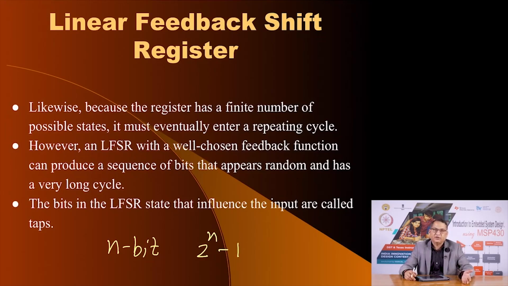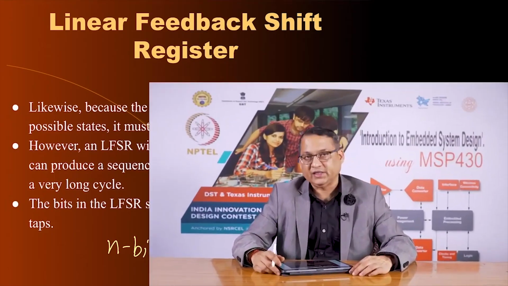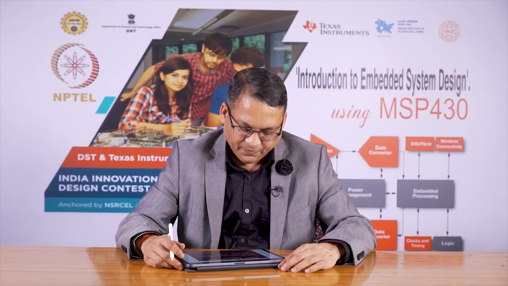When you have n bits of D type flip flops, you can generate 2 raised to the power n combinations, except that in a counter it is always either an increasing or a decreasing value, an up counter or a down counter. In the case of what is called a maximal length LFSR, you will not get 2 raised to the power n combinations, but 1 less, and that is why we say it is 2 raised to the power n minus 1. We will see why it is so.